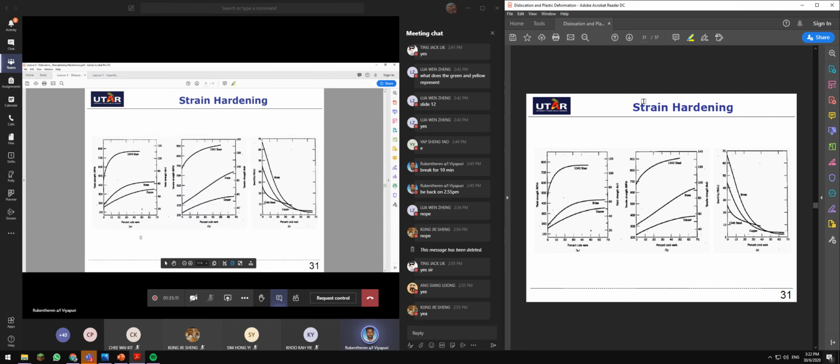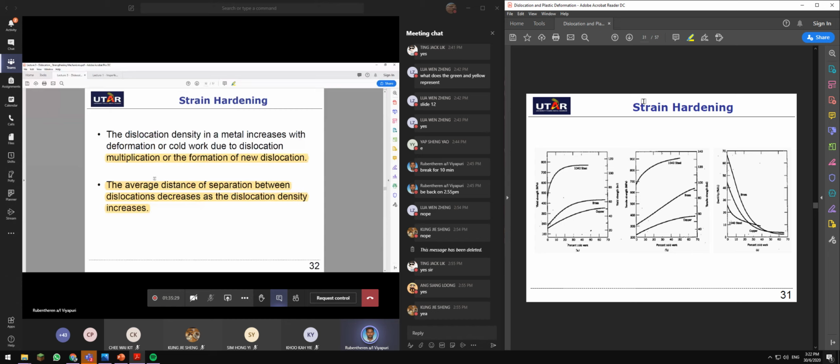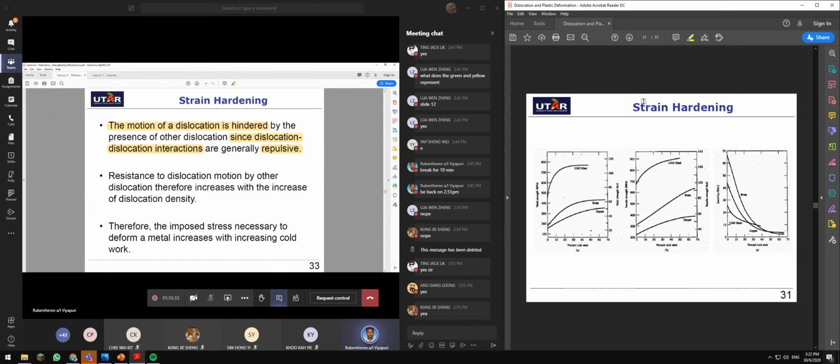So when you increase the cold work, the yield strength and the tensile strength increase dramatically, and it will reduce the ductility further. At first the ductility is higher because of lots of plastic deformation, but once you increase the plastic deformation, you hinder the move of the dislocation.